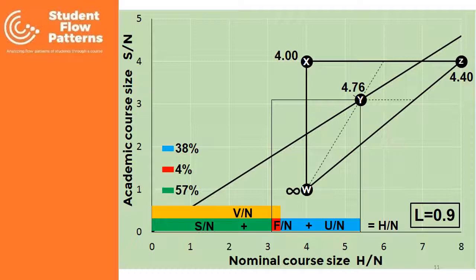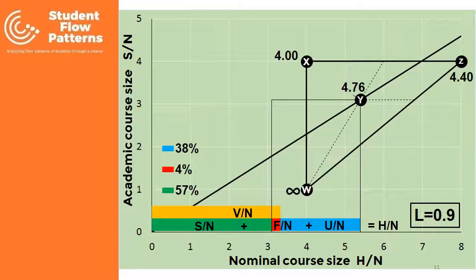Finally, the StudentFlowPatterns software also includes another great feature, which allows for a calculation of the costs of a study course at any position Y within the flow triangle. This is done by using the so-called full-time equivalent student number for the course as a proxy for costs. Without going into the detail, the auxiliary diagram at the bottom of the flow diagram is a great tool to understand the technical details involved.